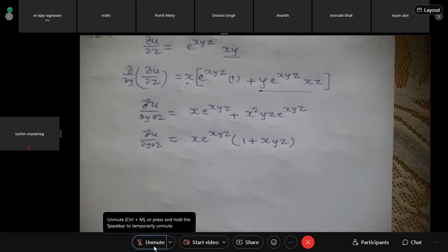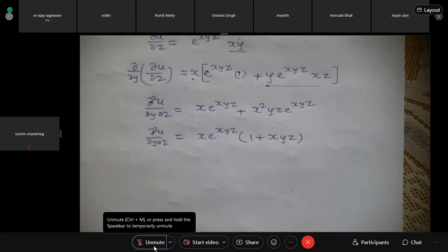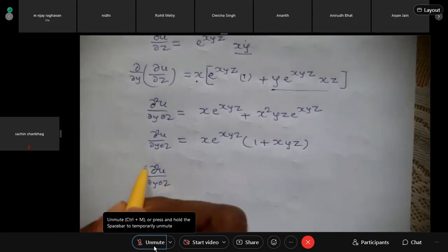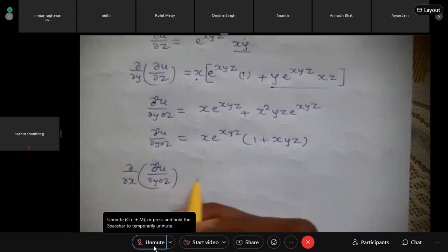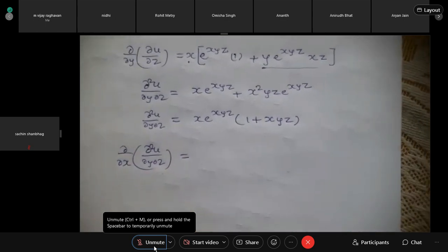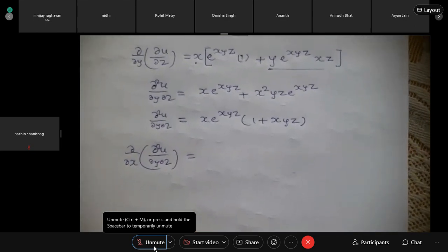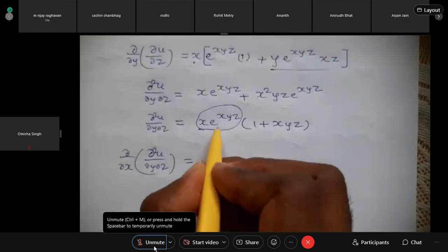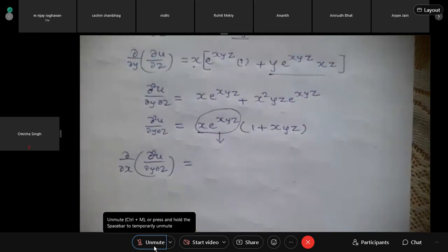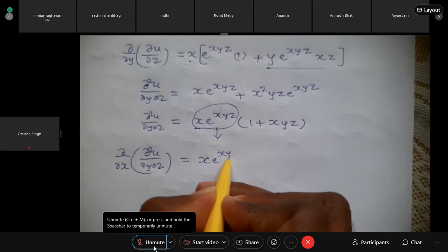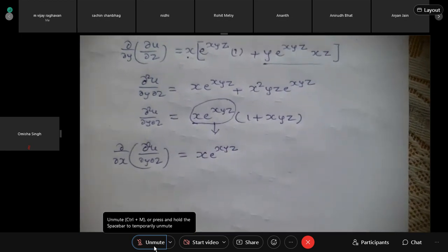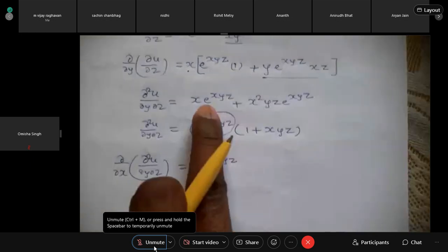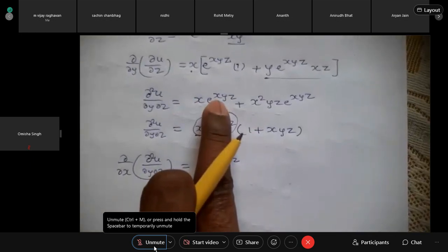But the differentiation, I hope it is going to be complicated for the next one. ∂²u/∂y∂z, if I differentiate this with respect to x, how do you differentiate it? Yes, we have a product rule, like x e power xyz into differentiation of the second one.